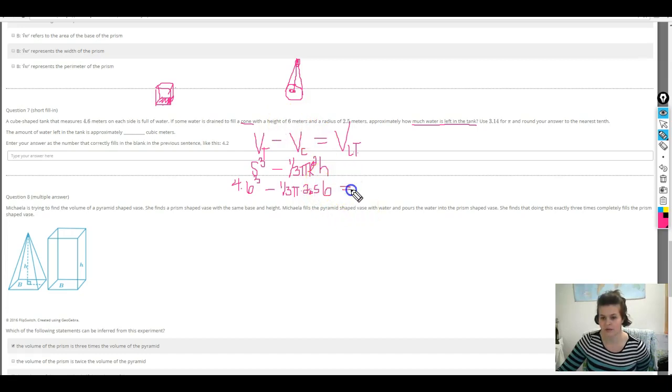And that's going to equal the volume that is left in our tank. So when I enter this into the calculator, I'm going to include parentheses around my whole second group because there's more than one number being multiplied in there, and parentheses indicates groups.